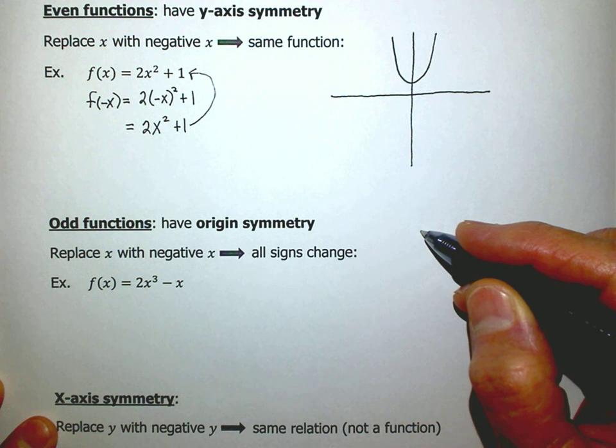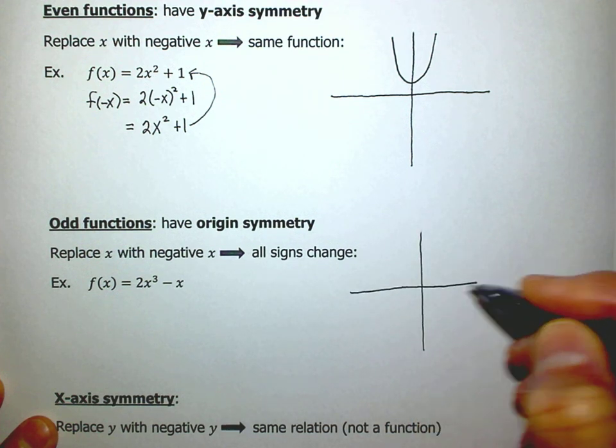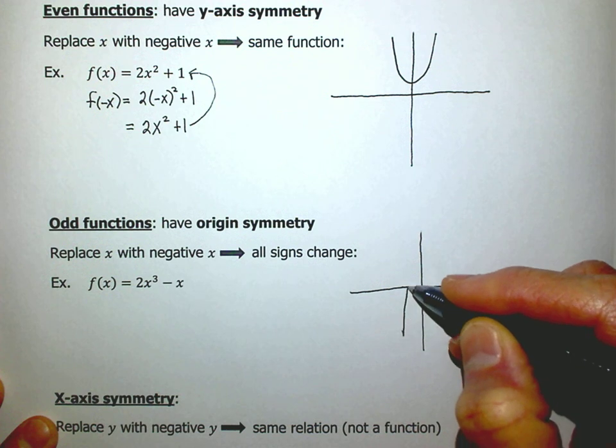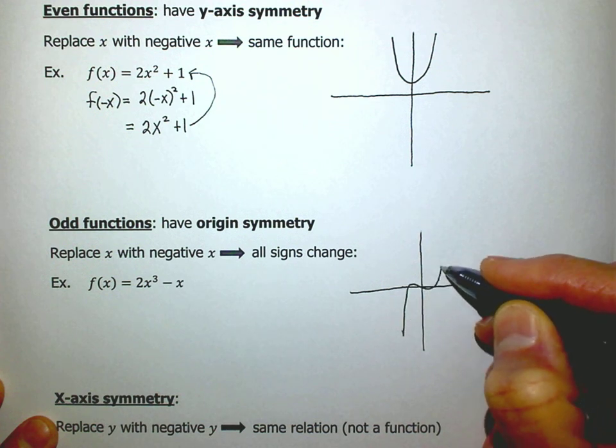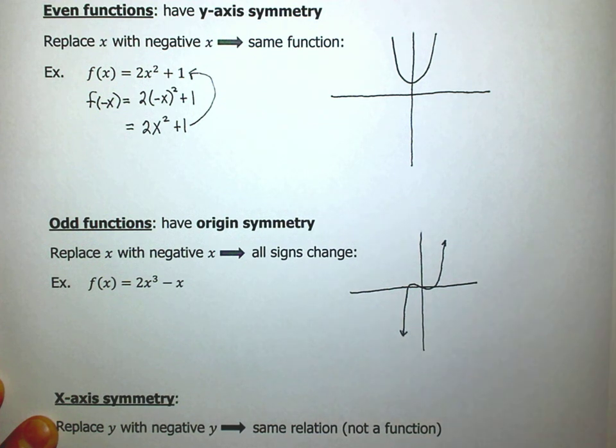Let's make a rough sketch of that graph. If we were to turn this graph upside down, which I won't do in the video, you can imagine, though, that it would appear the same as it does right side up. That's a way we can check it out by graphing it.